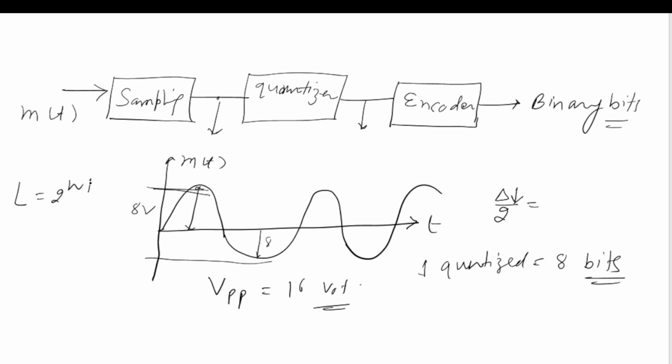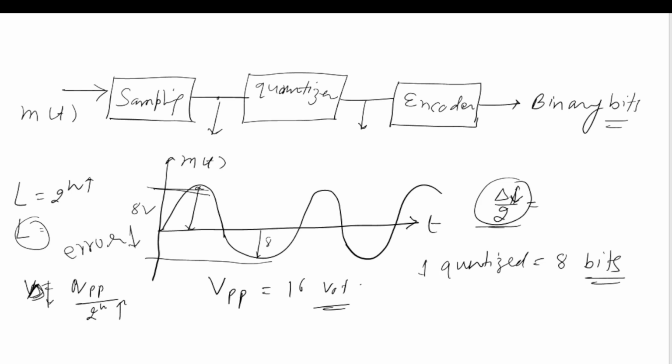When n, the number of bits per quantized symbol, is increasing, the number of levels is increasing, and delta equals V peak to peak divided by 2 to the power n, that is L. So if L is increasing, delta is decreasing, and the error is decreasing. So when the number of levels is increasing, the quantization error is decreasing.